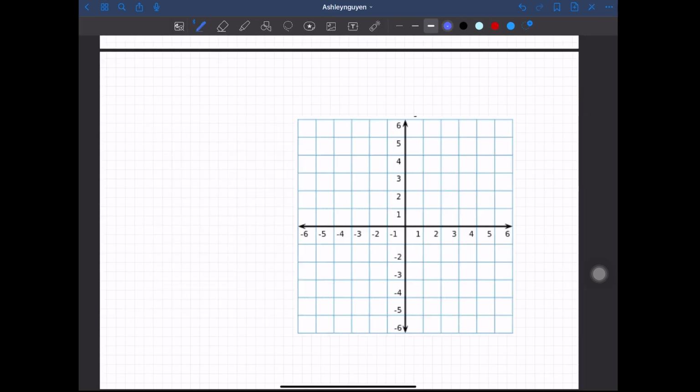In the next part, we will have a look at the straight line graph. Firstly, I will draw a straight line in this Cartesian plane.